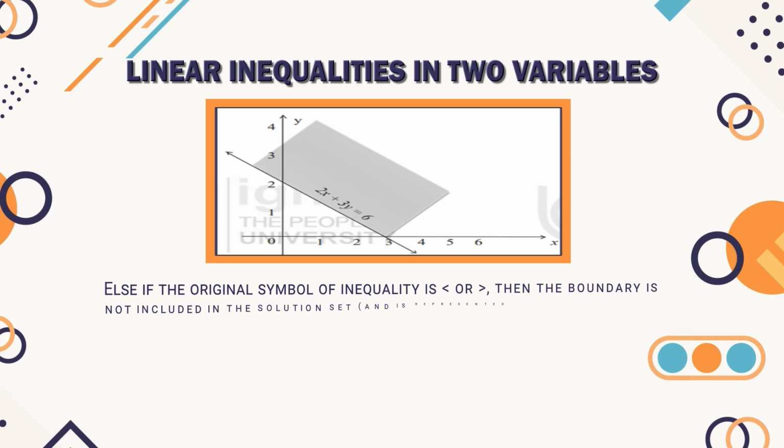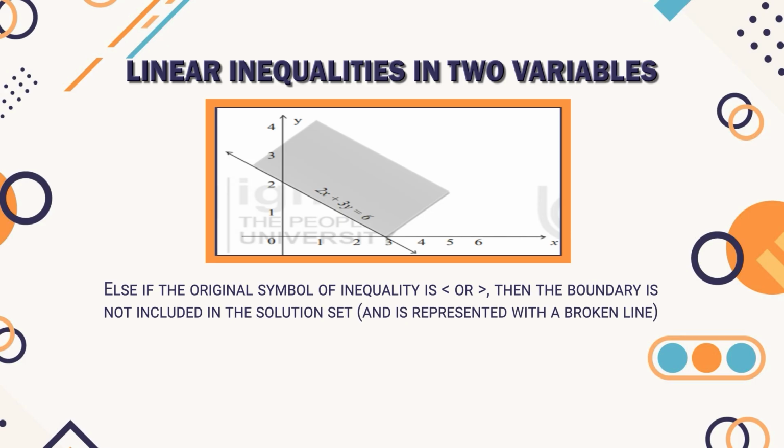But when the inequality has the symbol less than or greater than, that means there is no part of the equality. That means it is not representing less than equal to or greater than equal to. Then the line is supposed to be represented in dotted format. So that means the line is not included in the solution section.